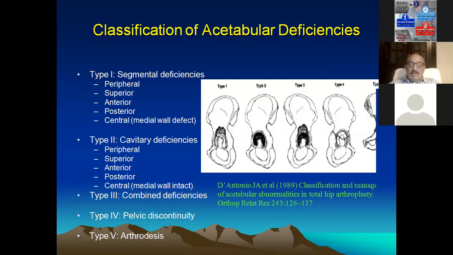A very nice, easy classification is the American Academy classification, which classifies the bone defects into segmental deficiency, cavitary deficiency, combined defects, pelvic discontinuity, and type 5 is arthrodesis. This is a simple way of management. It gives you an idea how to manage. It is not the most commonly used in arthroplasty.